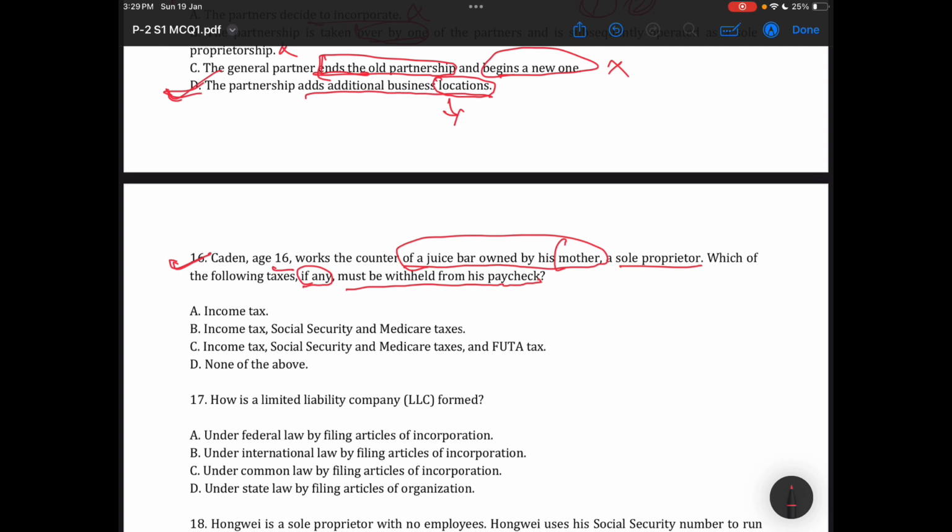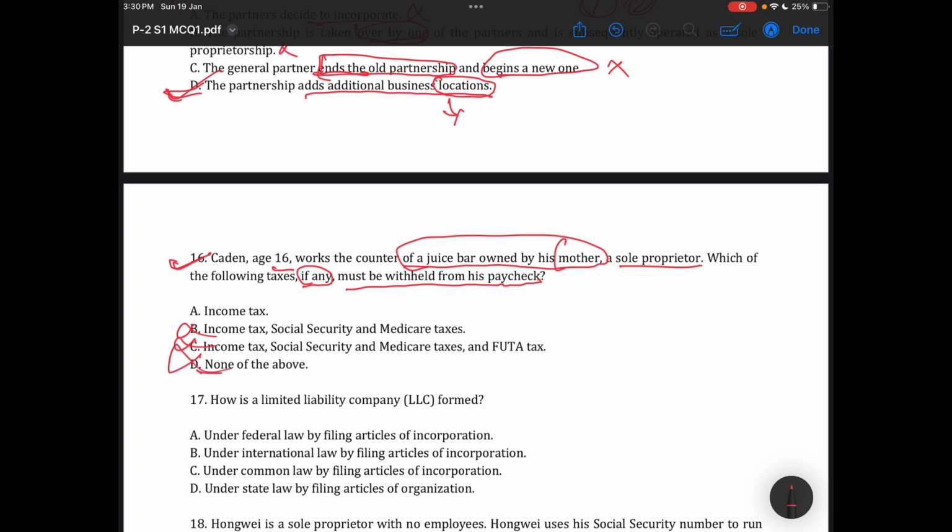When you study FUTA and all the topics, you will get one exception. If a person is below 18, you are not eligible for FUTA. So the correct answer is not it.